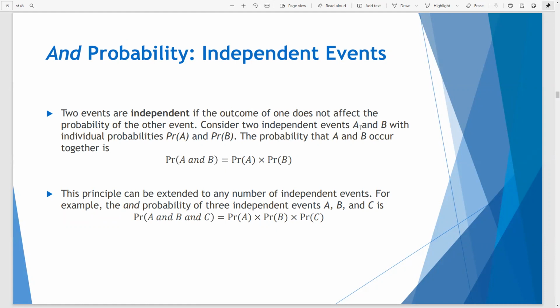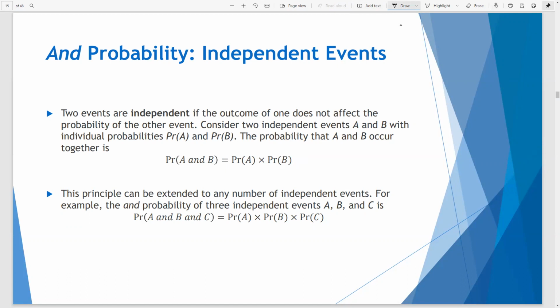Consider two independent events, A and B, with individual probabilities P(A) and P(B). The probability that A and B occur together is P(A and B) equals P(A) times P(B).